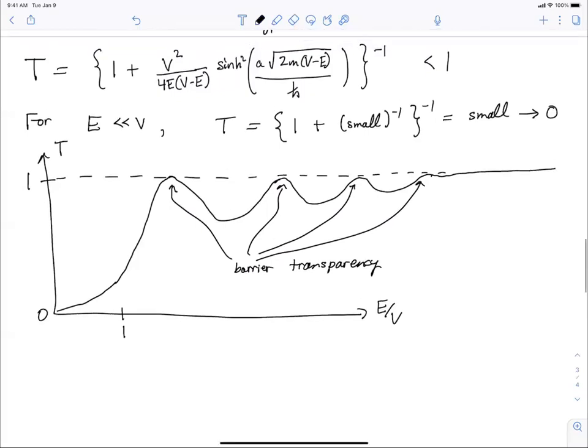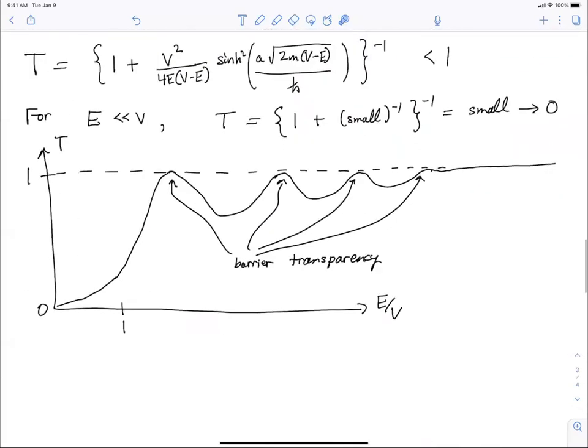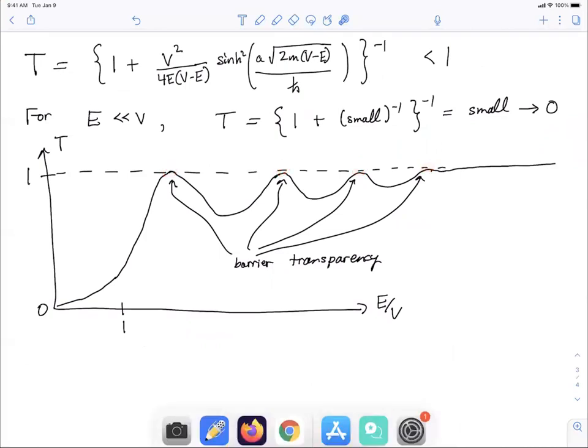That is going back up to here. We had this condition that would work for any integer n, and so there's an infinite number of different integers n, and those are these points right here, where you're actually transparent to the barrier.